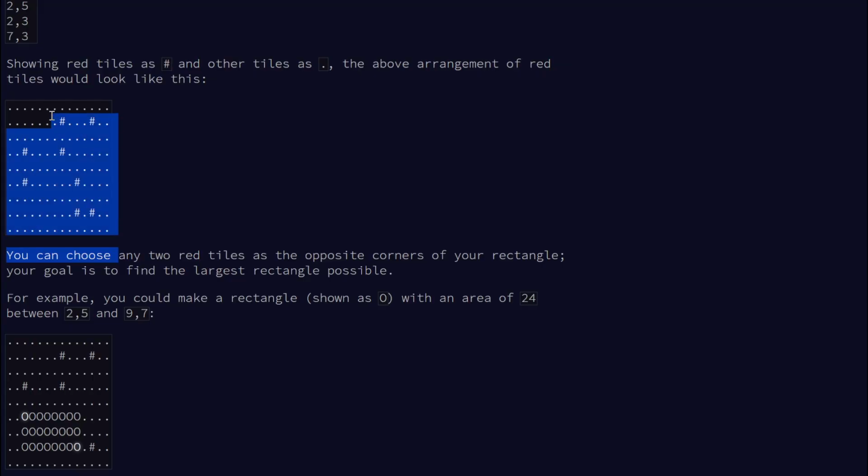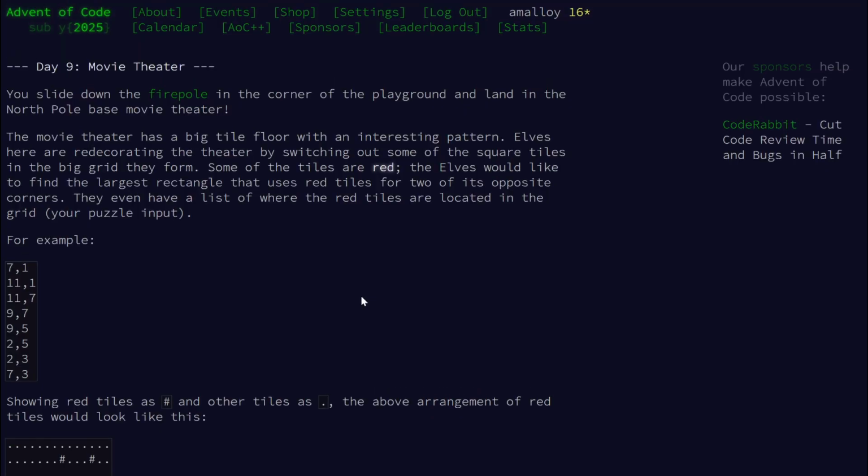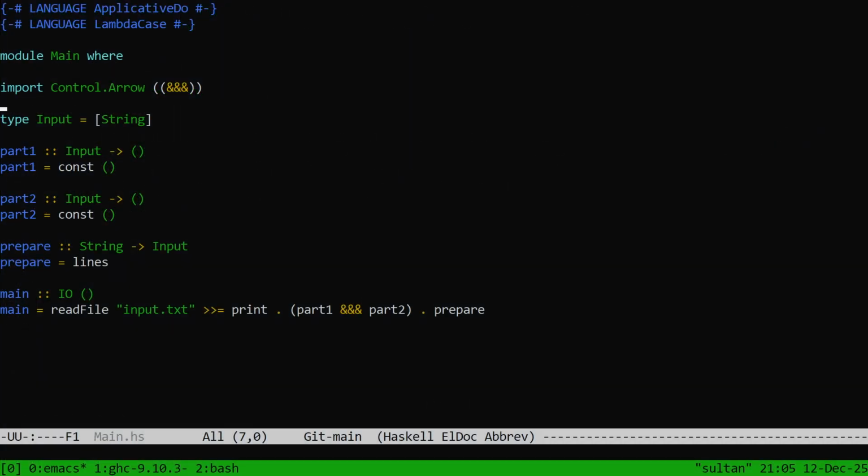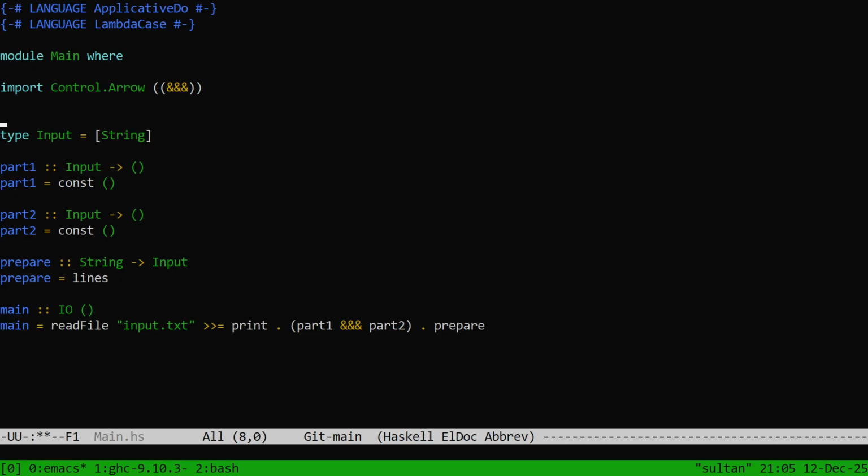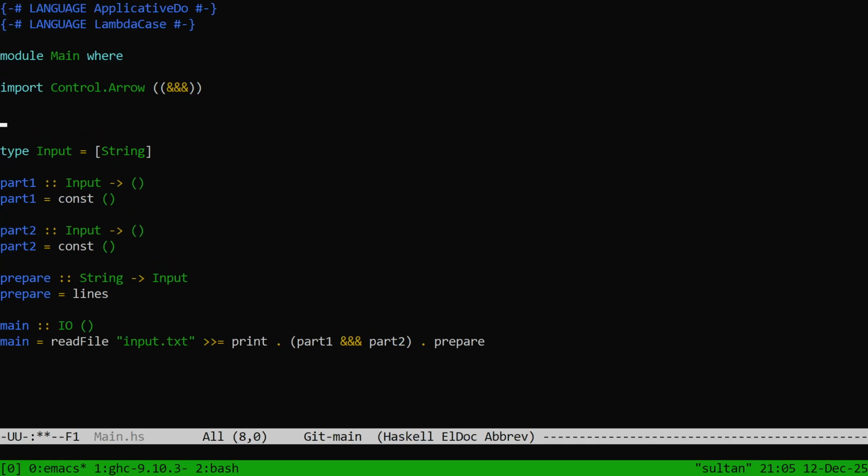I'll just call lines and iterate over the rows and the columns in the same way I've done on some previous days. So let's define some types. I don't have very many. Before I define types, let's import some things. Do I need a map? I guess I just need a set, because all I need to know is a set of coordinates for the red tiles.